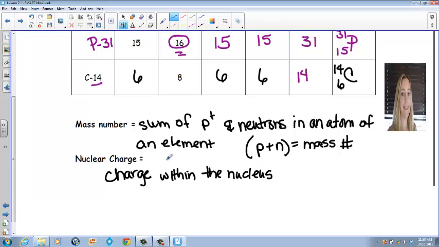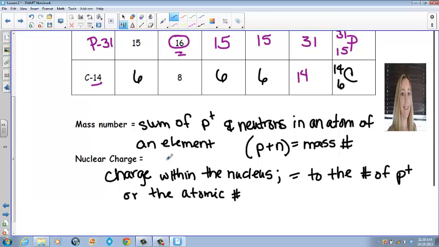Since protons and neutrons are the only two subatomic particles that are found in the nucleus, and neutrons have a 0 charge, we can say that the nuclear charge is going to be equal to the number of protons, or the atomic number, because they're basically one and the same. So protons is equal to the nuclear charge.